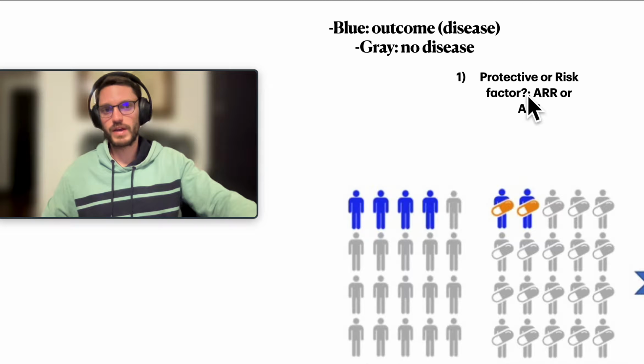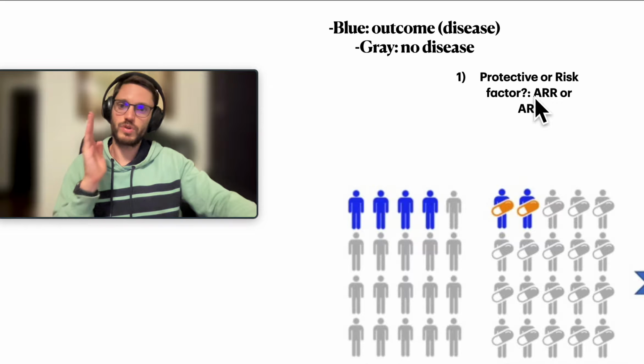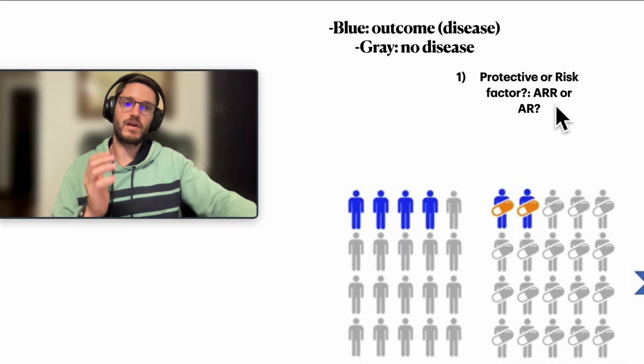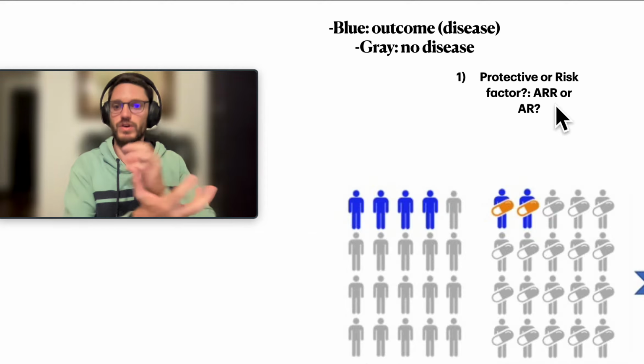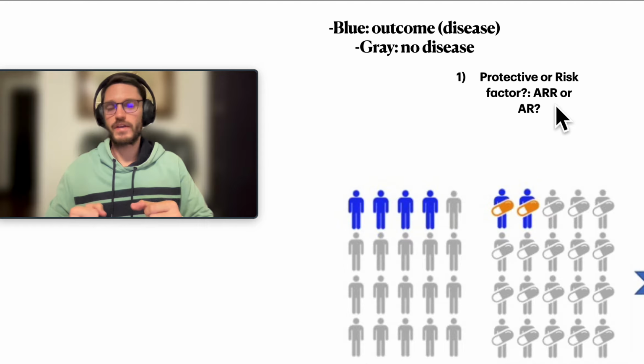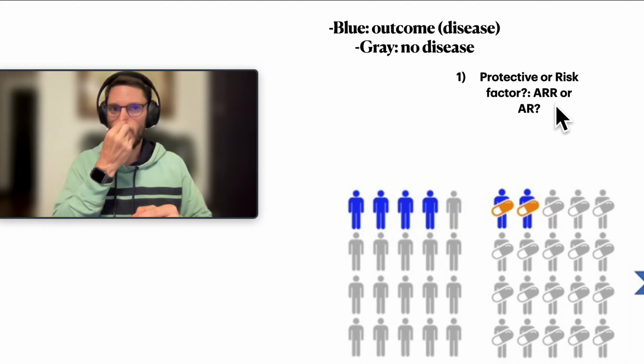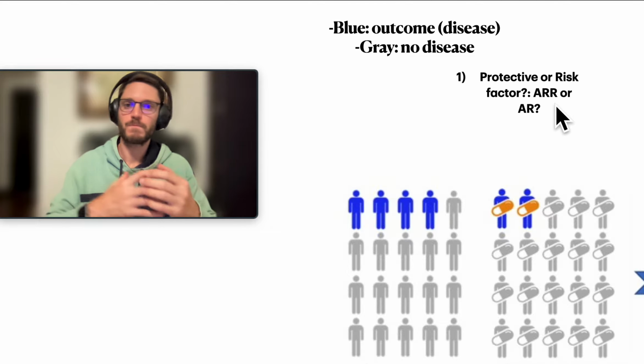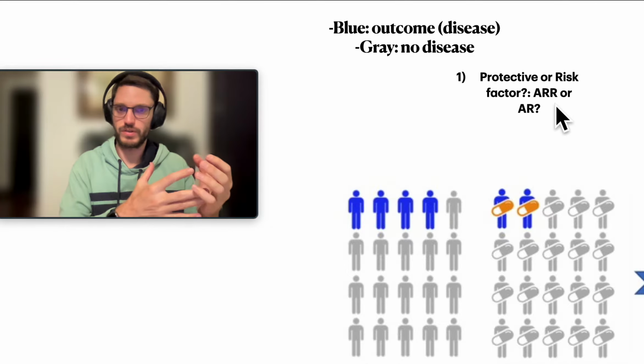Here is where we bring the other word into account, which is absolute risk reduction. Absolute risk reduction is the inverse of attributable risk. In attributable risk, you are assessing for risk factors.